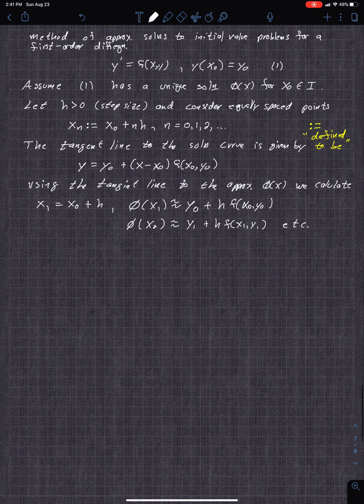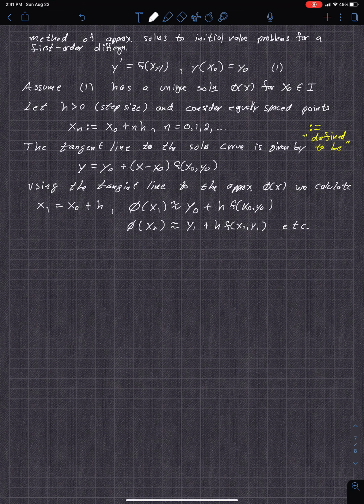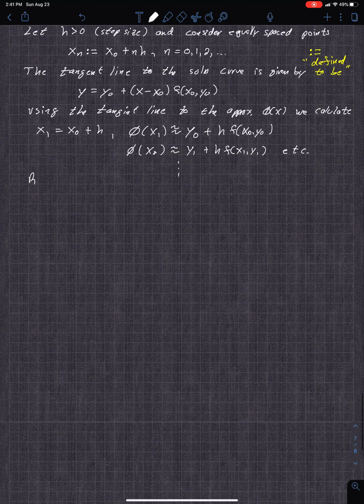And so what you end up with is recursively defined. You could look at this recursively, and you get that x sub n plus 1 is equal to x sub n plus h.